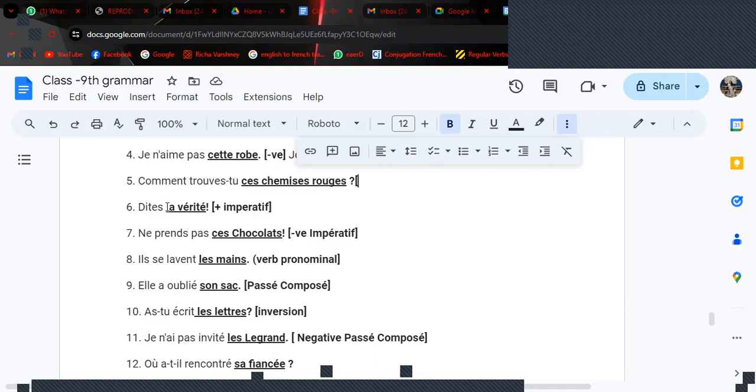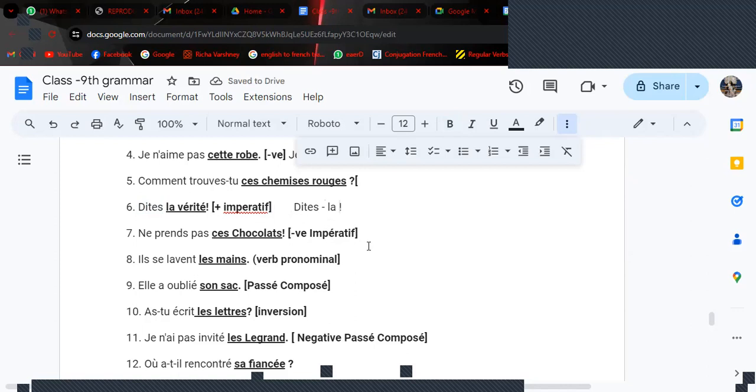So now we take one example of imperative, positive, that we have learned in the affirmative imperative. The article COD will come after the verb. So it is la vérité will be replaced by la and then hyphen. Right? Okay.